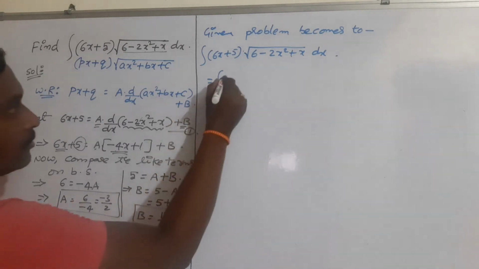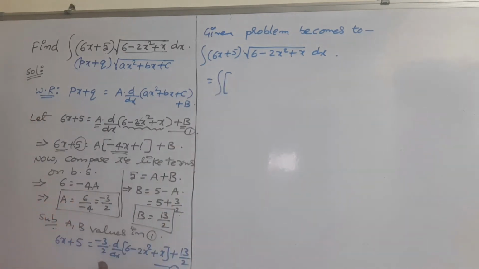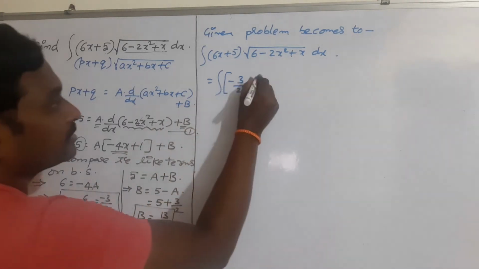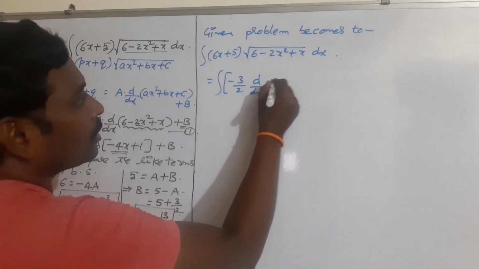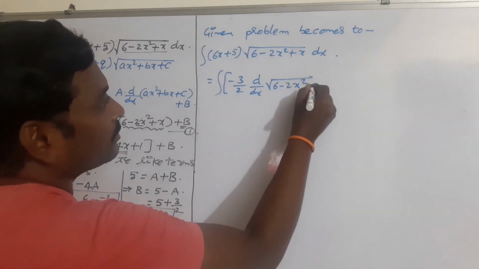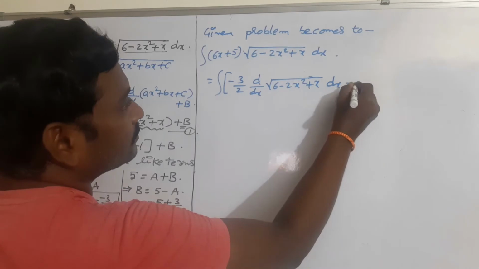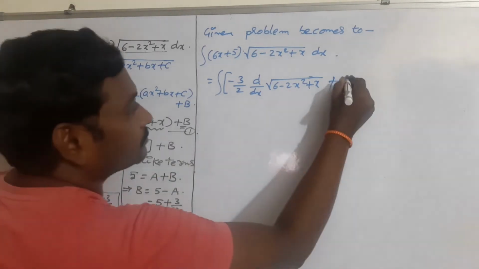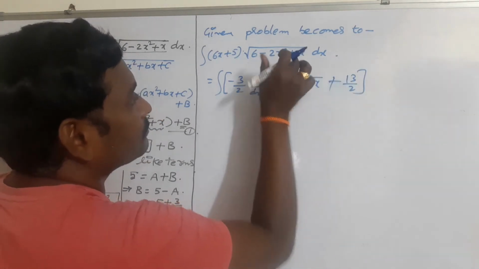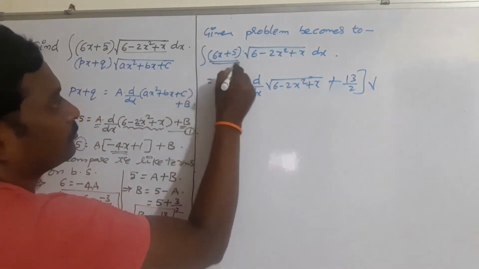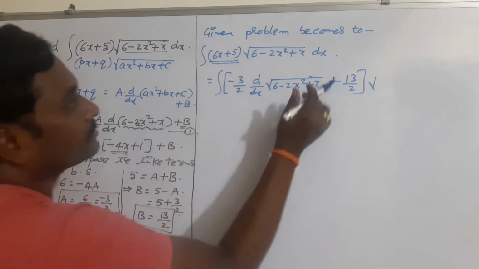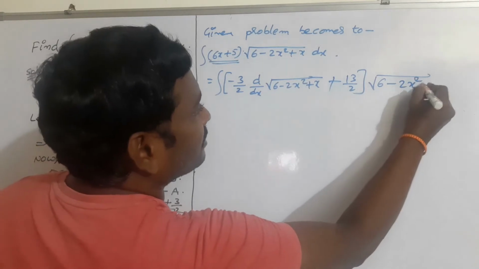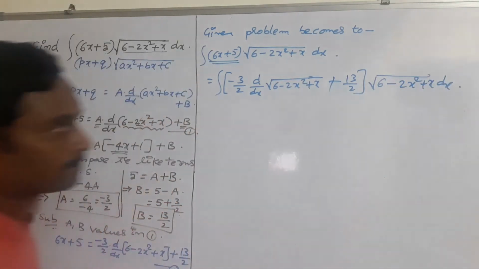So open a square bracket because it has two parts: minus 3 by 2 into d by dx of (6 minus 2x square plus x), plus 13 by 2, whole divided by root over 6 minus 2x square plus x into dx.